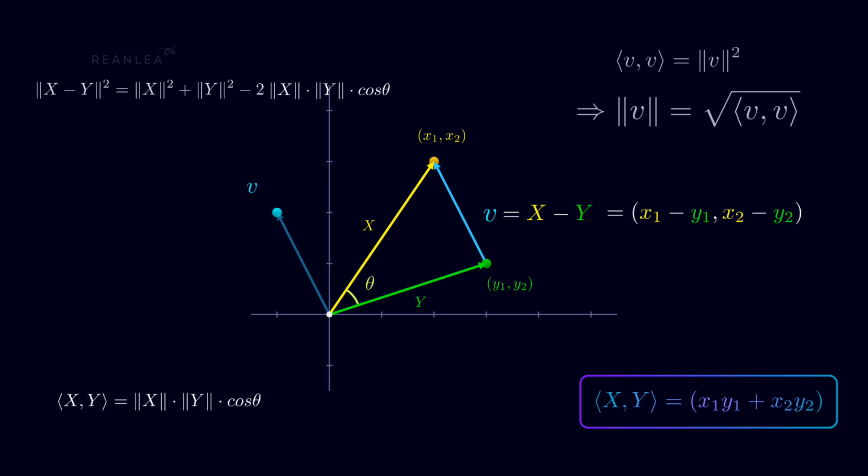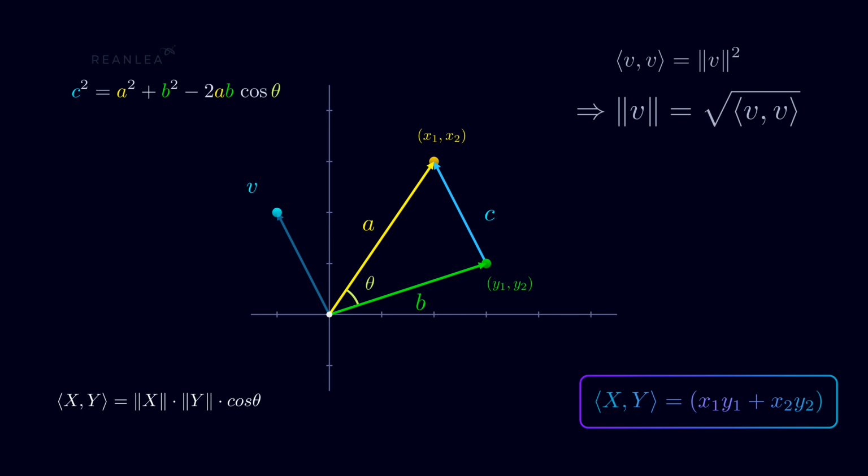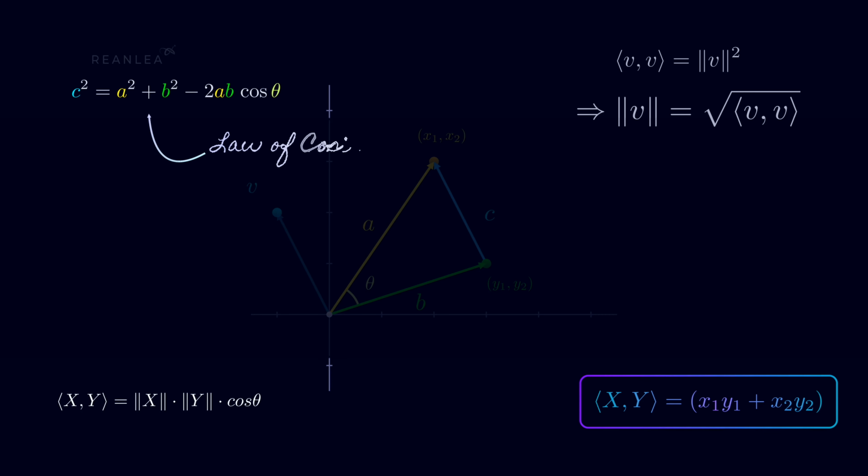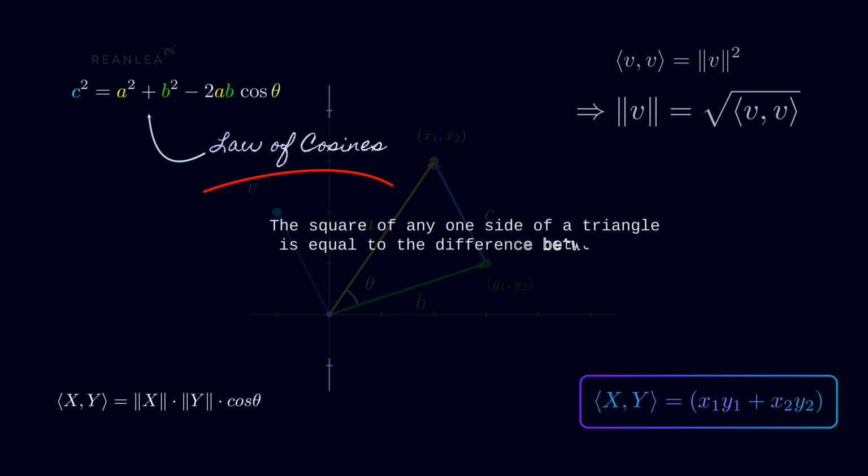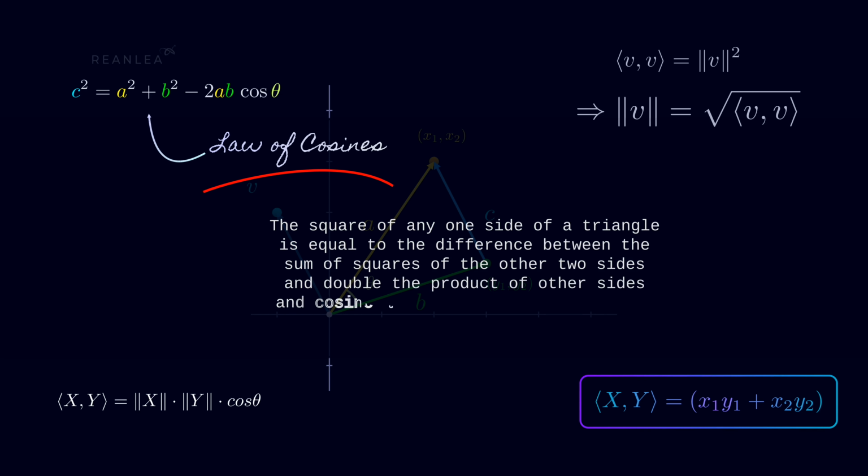Now for simplicity, if we consider the norms of x minus y, x and y to be c, a and b respectively, then we have c square is equal to a square plus b square minus 2ab cos theta. And this is the law of cosines, which states that the square of any one side of a triangle is equal to the sum of squares of the other two sides minus double the product of those sides and the cosine of the angle included between them.